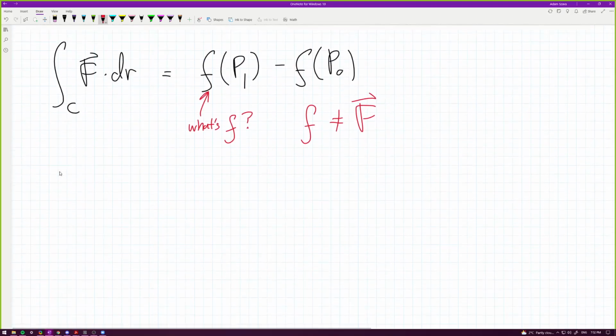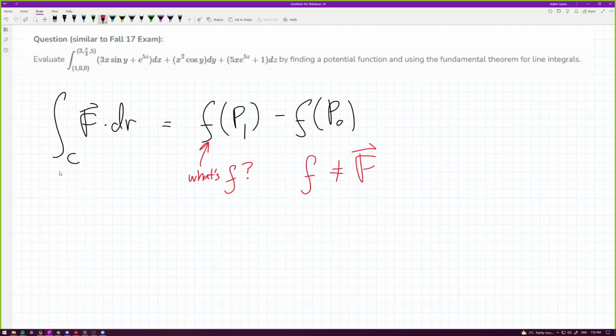Essentially, the gradient of f is equal to F. The gradient of the scalar function f is equal to the vector field F. I'll call it scalar f and vector F. So scalar f is a potential function for F, like that.